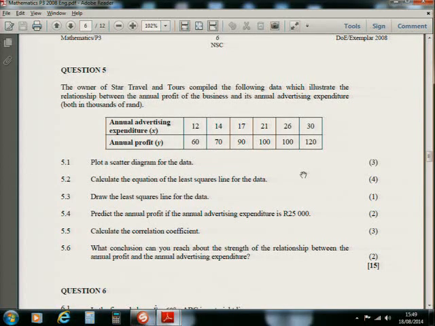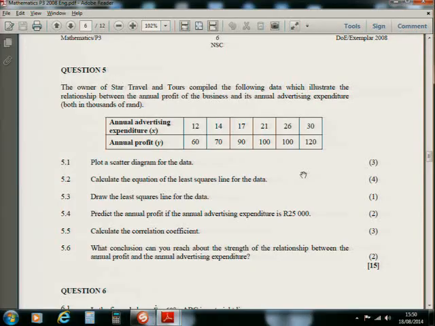Question 1 says, plot a scatter diagram for the data. Let us not plot for now. Look at the table first. It is two variables that we are working with. The first one, annual advertising, is X, and the second one, annual profit, is Y. So we agree. Always on top is X, and then the other one is Y. Good.